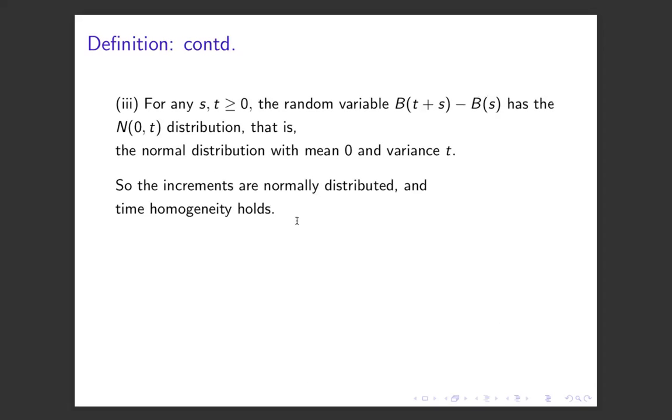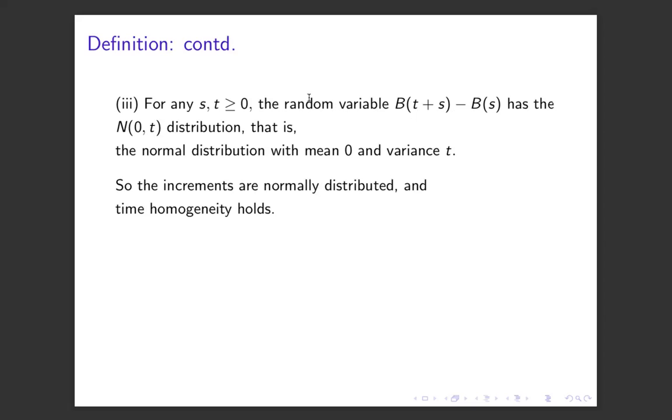So for any s and t positive, the random variable Bt+s minus Bs, which is the net displacement in the interval s to t+s, has the normal distribution with mean 0 and variance t. So the time difference between these two time points is t; t plus s minus s is t.